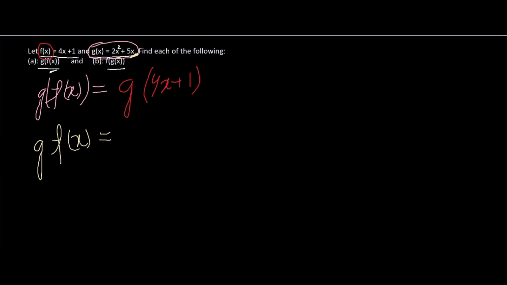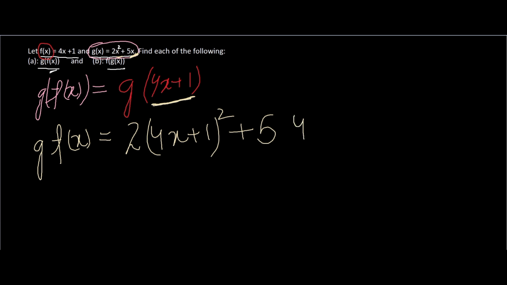I have to put this in the g of x function in the place of x. So 2 times (4x plus 1) squared, plus 5 times (4x plus 1). And now I have to solve this.